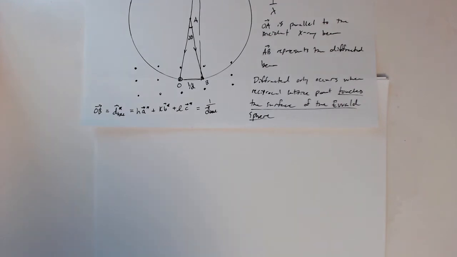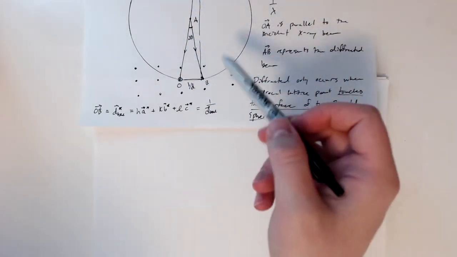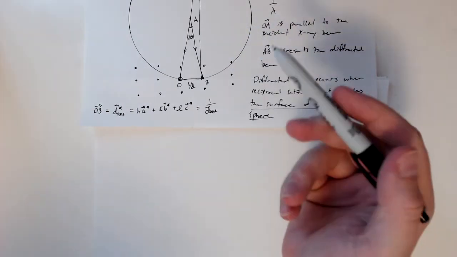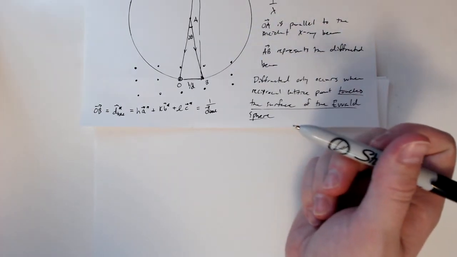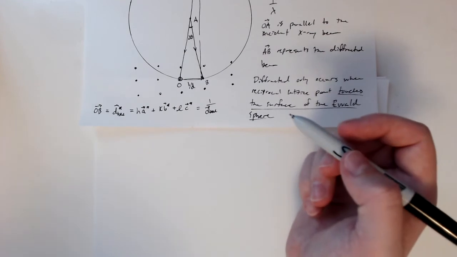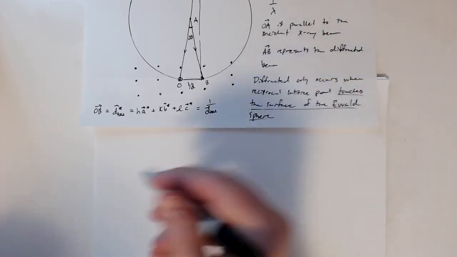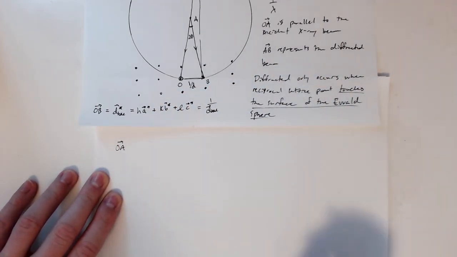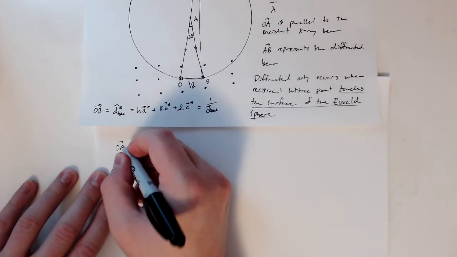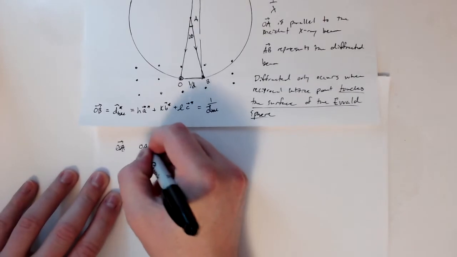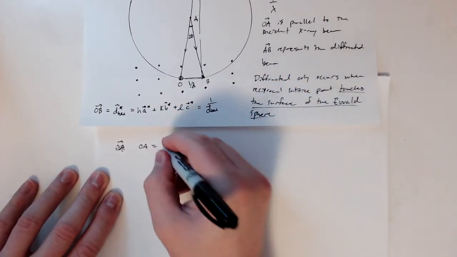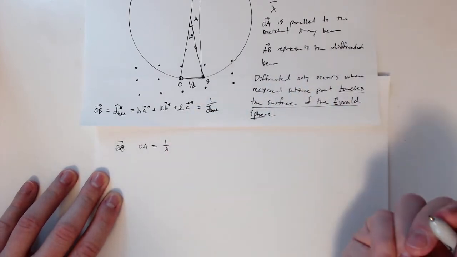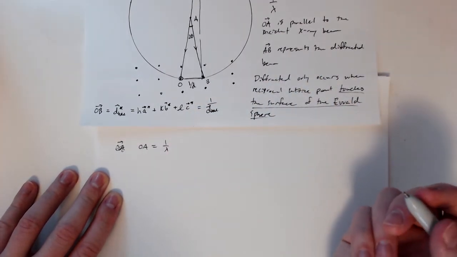What I want to do now is, we've got this sketch of the Ewald sphere that we went over, and I want to see if we can derive Bragg's law very quickly using the Ewald sphere construction. Okay, so we have OA, that's the vector, and let's just look at the length OA. We know that is the radius of the circle, and that is 1 over lambda.